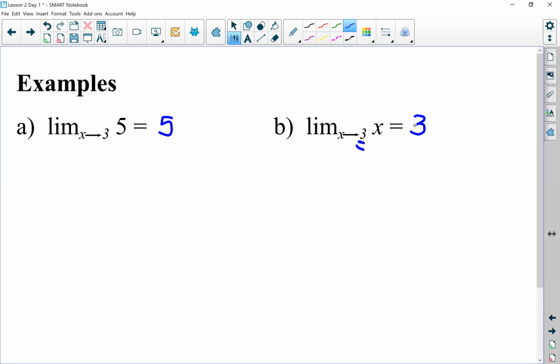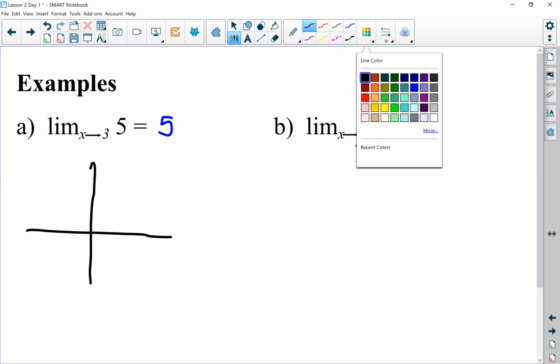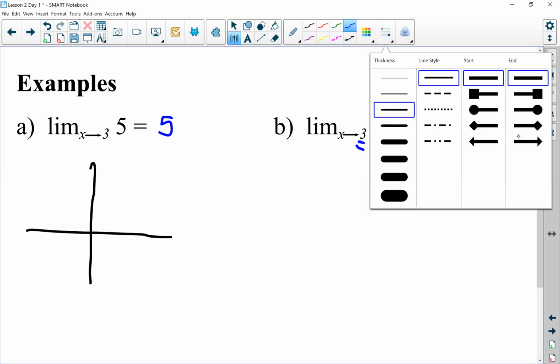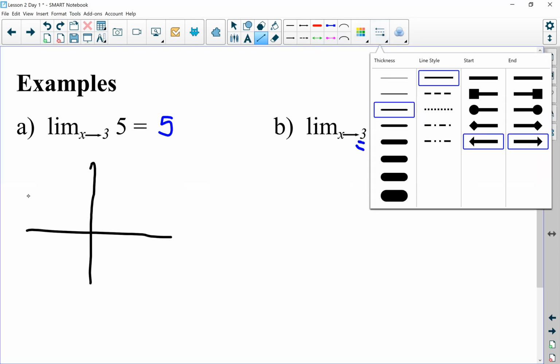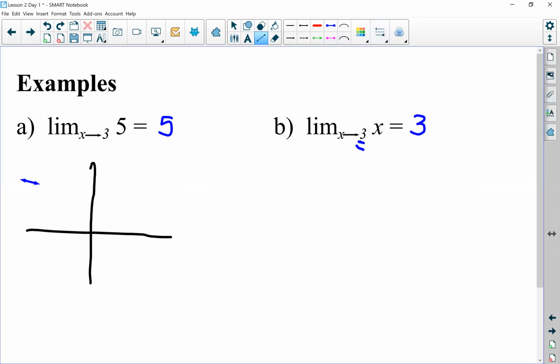If you think about it graphically, this case would be, we have our line. Let's try that again. We have a line at y equals 5.